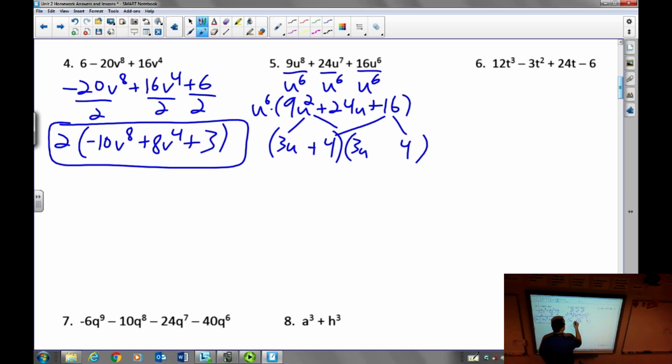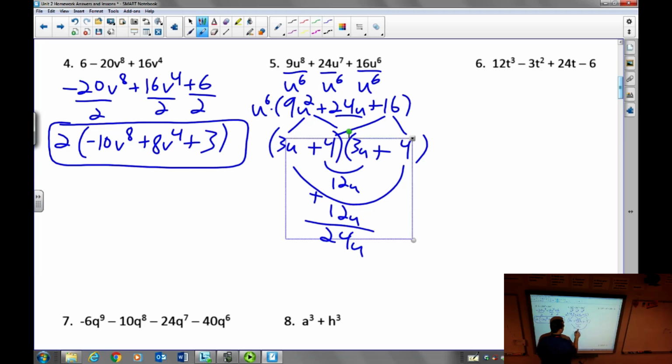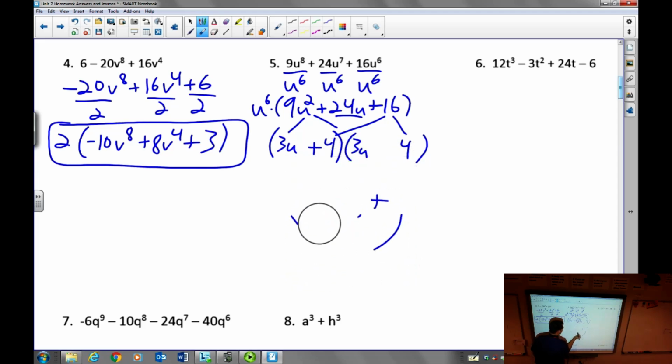And then if we make them both positive, just like in the signs above, 4 times 3u is 12u. 4 times 3u is also 12u. And 12u plus 12u is 24u. And so that is what we needed for the middle term right there, which is good. So that means that we did find our factored answer, so I'm going to erase that work there.